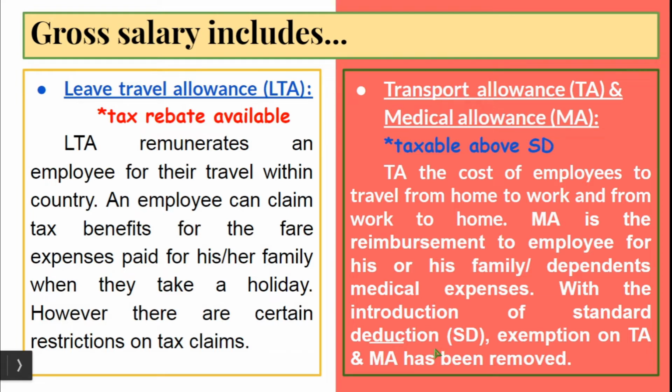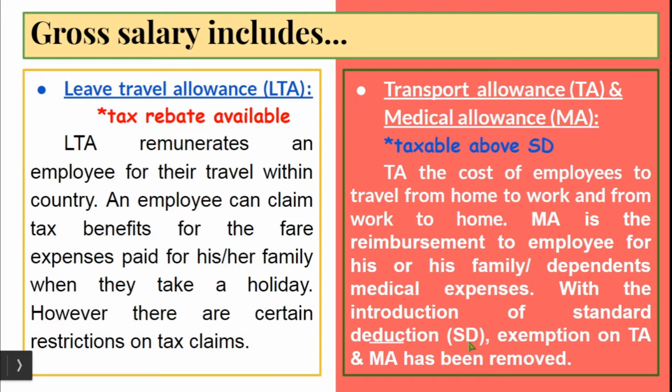Please understand this. Standard deduction is a specific amount for which he gets a tax rebate. In the year 2020, rupees 40,000 per year is the standard deduction. Basically to say, an employee can take a lump sum tax rebate of rupees 40,000 on his gross salary if he is taking travel and medical allowances in his salary.